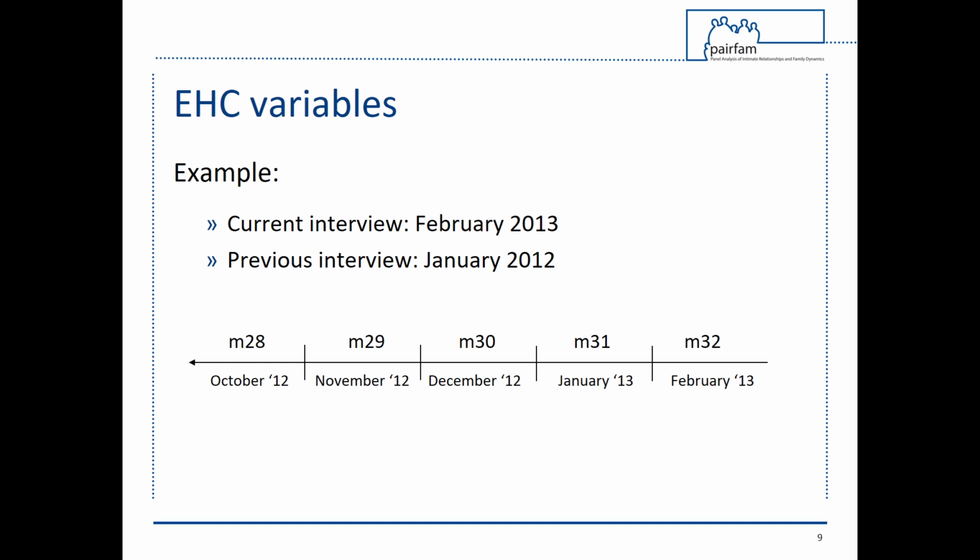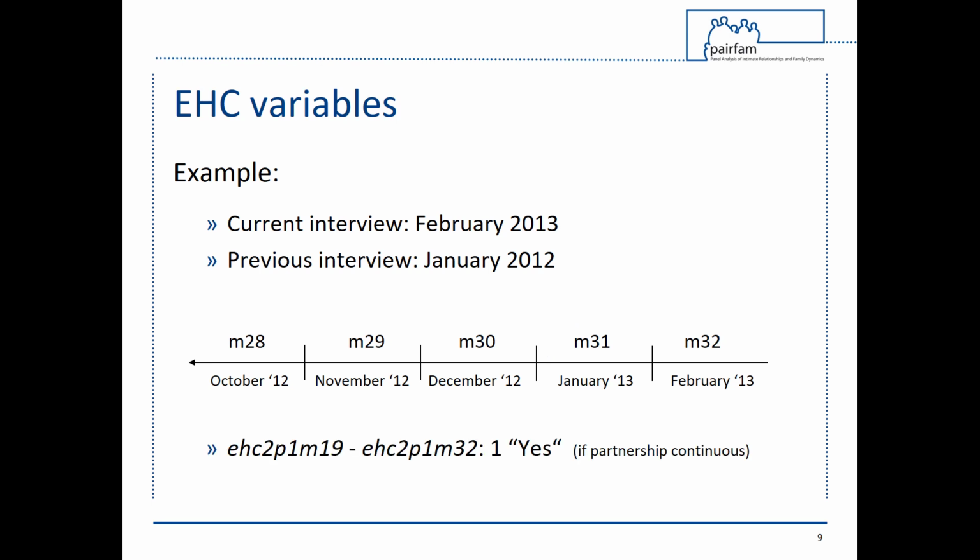The current interview took place in February 2013, and the previous interview was in January 2012. Therefore, February 2013 represents month 32, January 2013 month 31, and so on. The month of the previous interview would then be month 19.